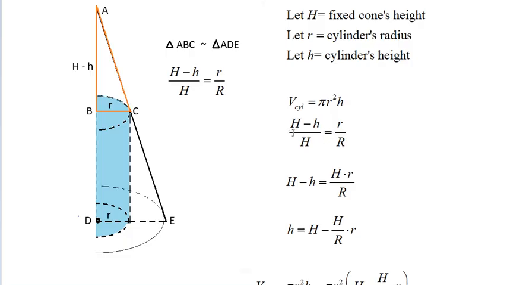From here, multiply both sides by big H, and we have H minus h is equal to big H times small r divided by big R. And then move this to solve for small h, and we have small h is equal to big H minus big H divided by big R, multiplying by small r.